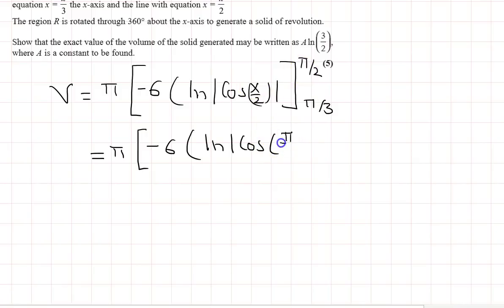So this is pi over 2 multiplied by 2, minus ln cos, minus ln modulus of cos, 1 over 2 and pi over 3.